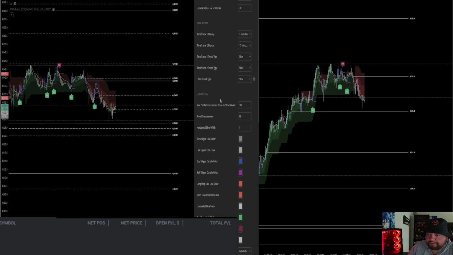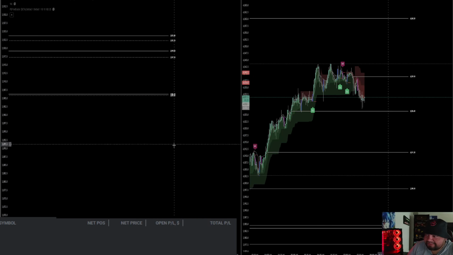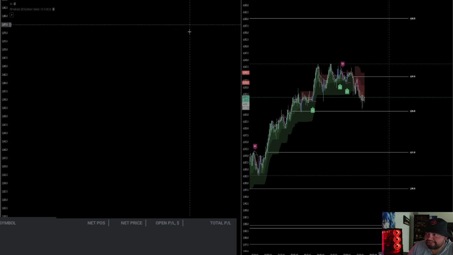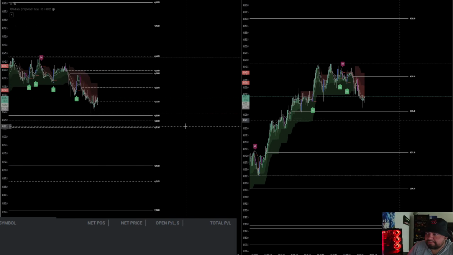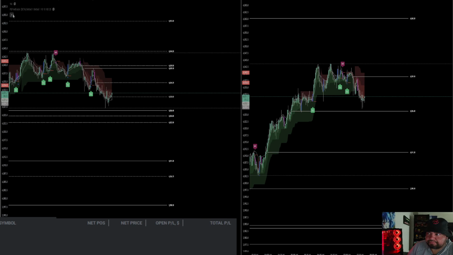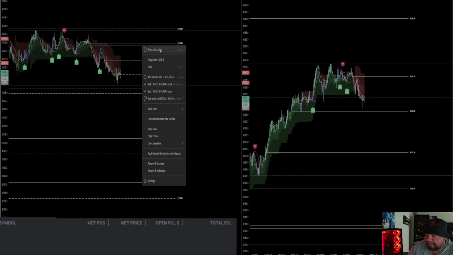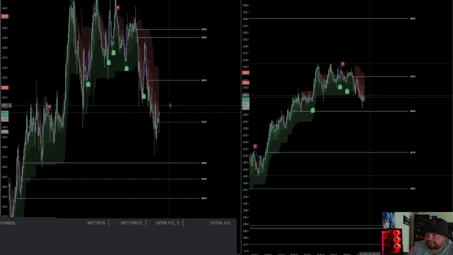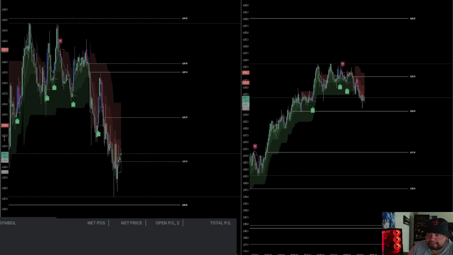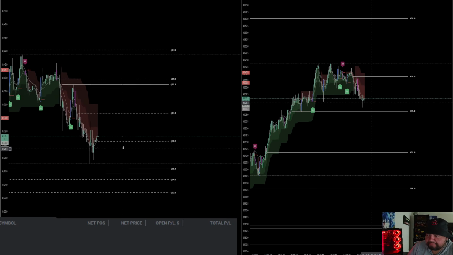Right now we made the adjustment to show levels a little deeper than what we used to, so we have areas to keep an eye on as price approaches certain areas.